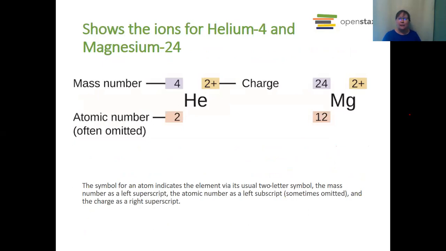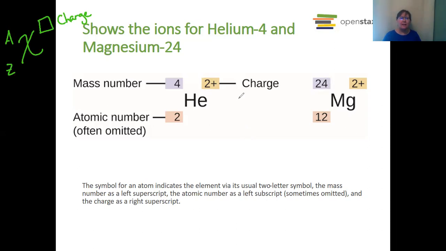Okay, so let's see, do you remember this symbol? Okay, so this symbol, we had X, and we had our mass number A on top and our atomic number Z on the bottom. And up here, I'll put a box. This was our charge, okay? If it's neutral, it has nothing.